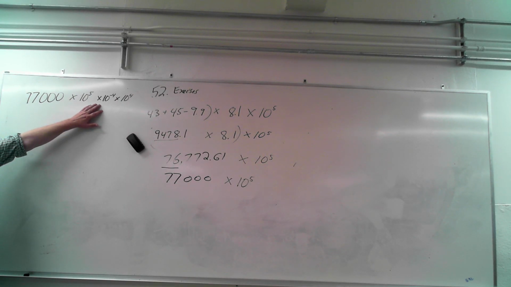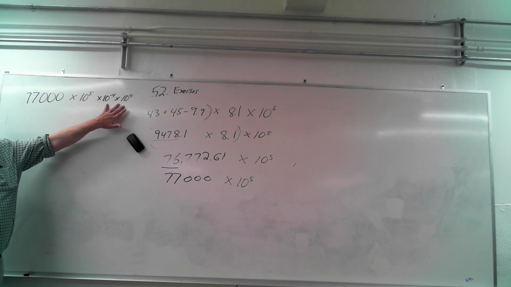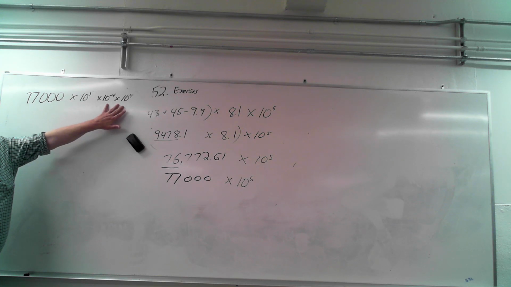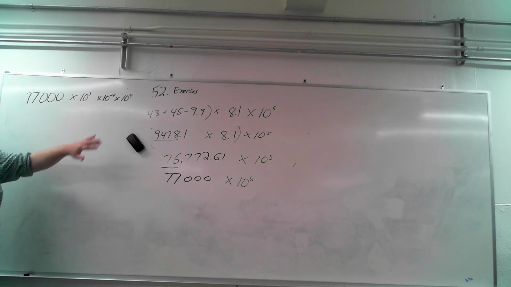So 10 to the negative 4 times 10 to the 4 is what? 10 to the 0, which is 1. So I hadn't changed the value of this by doing that. As long as I do it by 10 to the negative 4 and 10 to the 4, I'm good.